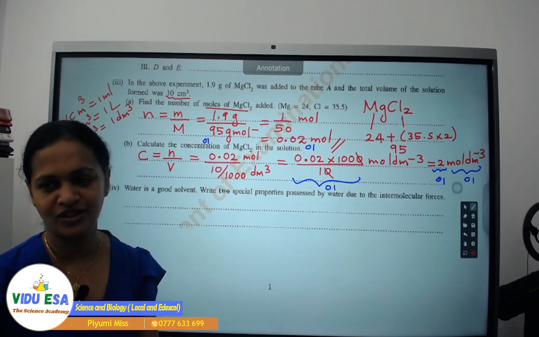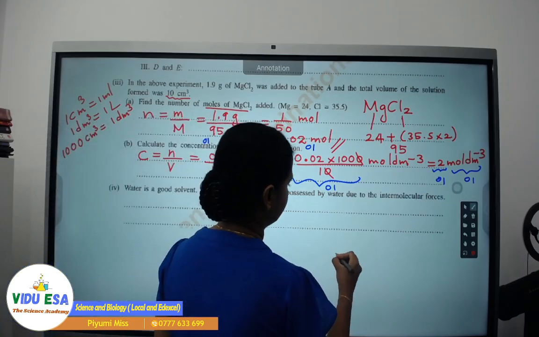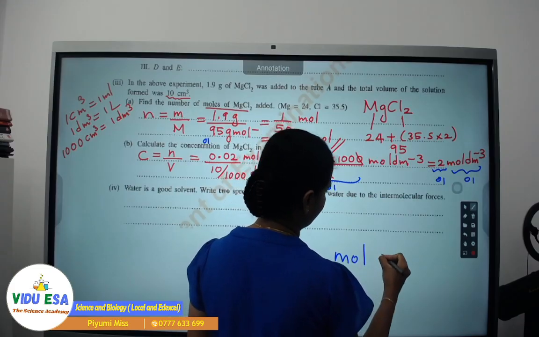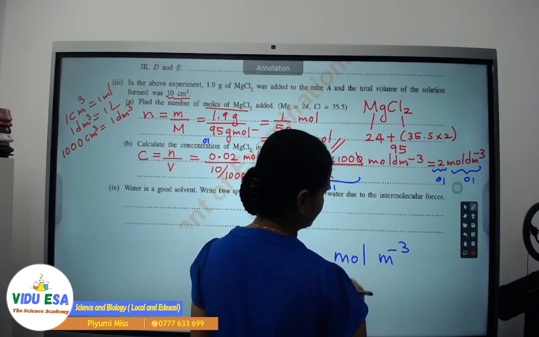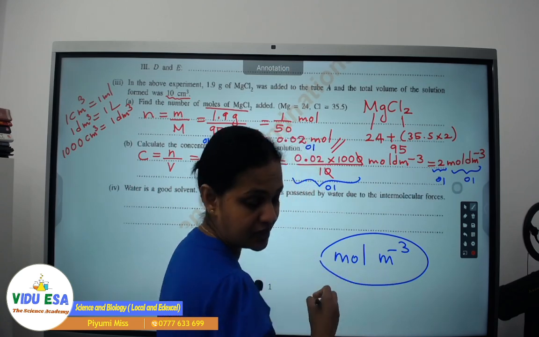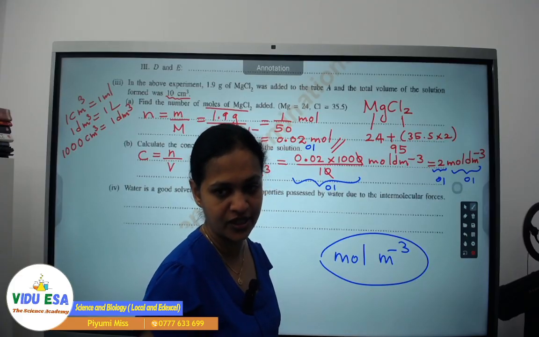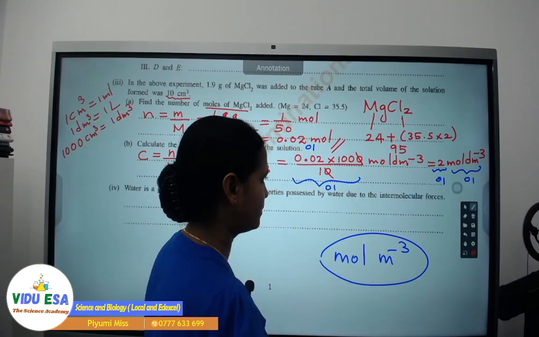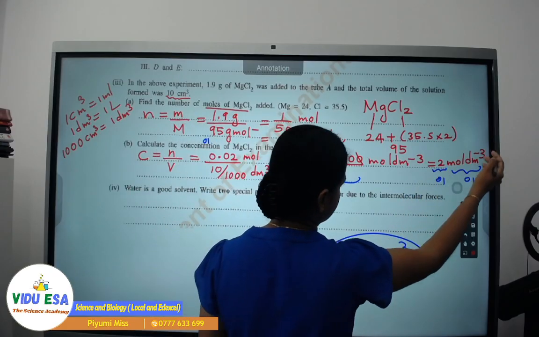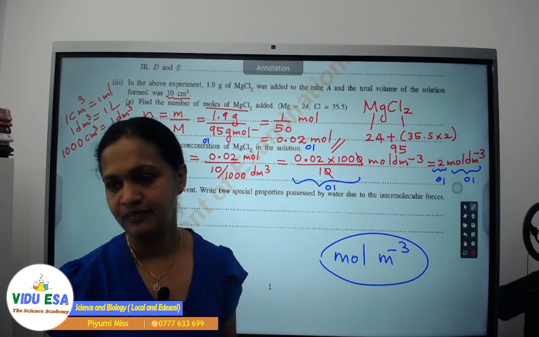So you have to think of the units as well. We mentioned the SI unit of concentration is moles per cubic meter. Mole is the SI unit of measuring the amount of substance, and cubic meter is the SI unit of measuring the volume, but most probably in the laboratory we express it in moles per cubic decimeters.